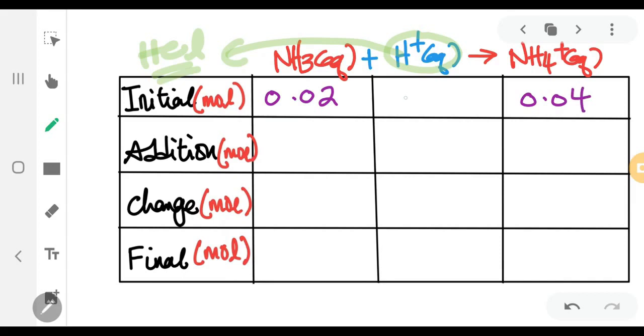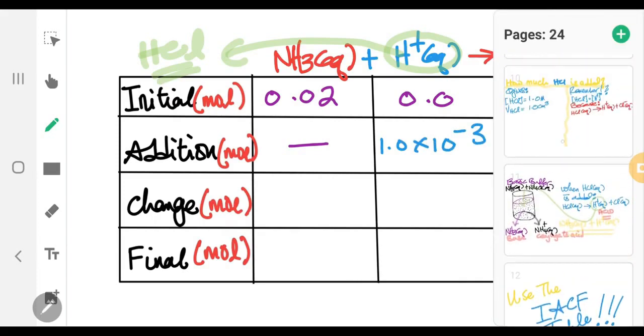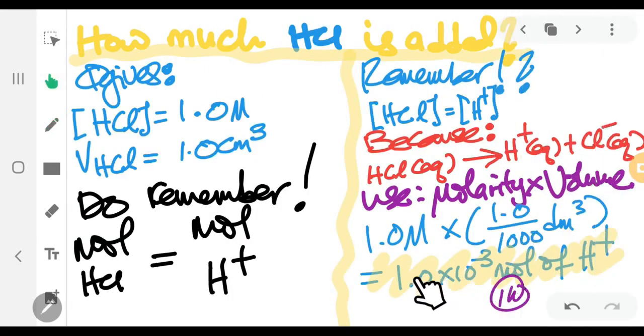We don't have that one initially. We don't have addition of NH3. The question doesn't say that you add more base into it. And we don't have addition of this. The question doesn't say that you add this into the buffer solution, but we do have addition of H plus. The addition of H plus is about 1.0 times 10 to the power of negative 3, as what you have calculated in here. So that's why I said this piece of information is very important.